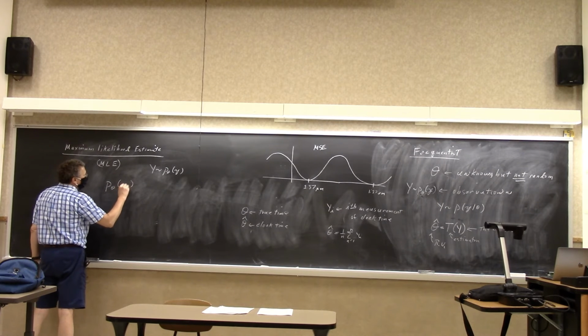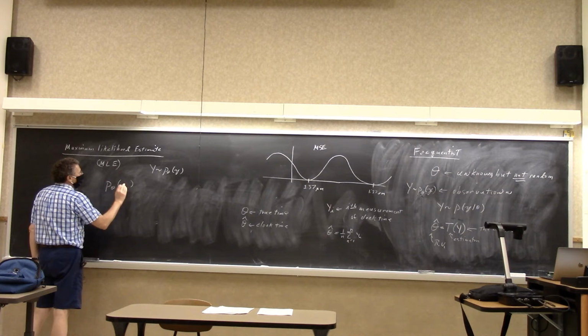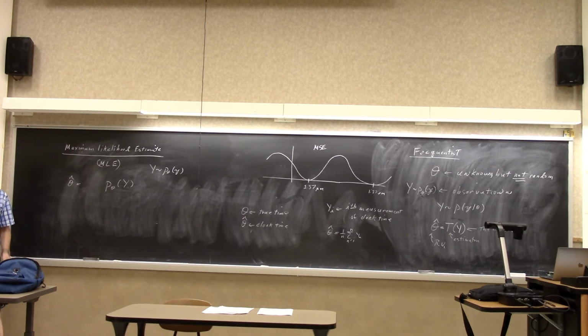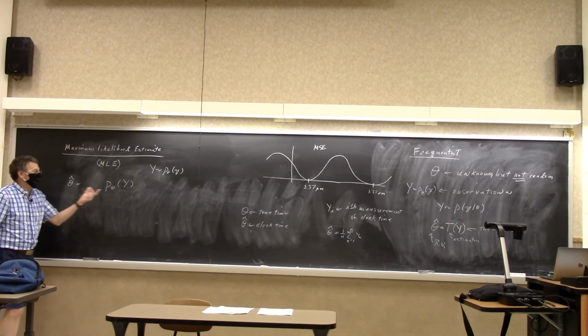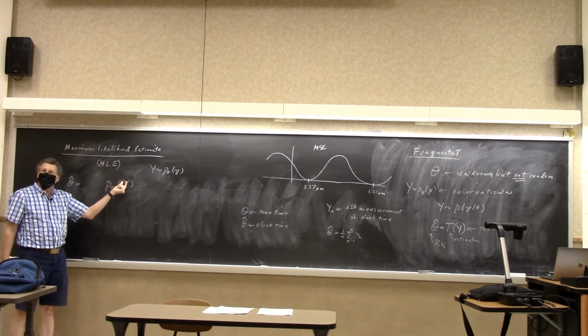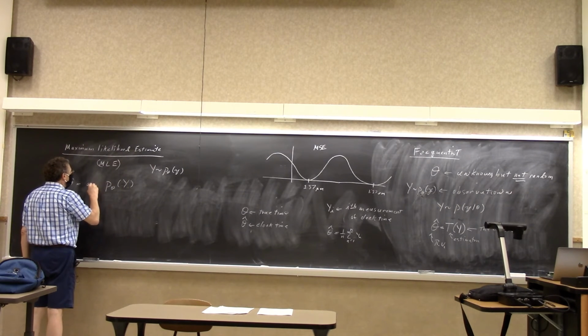Now, normally we'd put a small y in here. But instead what we actually do is literally put the random variable in there. And that's why it's important to keep track of what's a random variable and what's not, because in the maximum likelihood estimate, you literally stick the random variable in here, and then you take the arg max over theta.